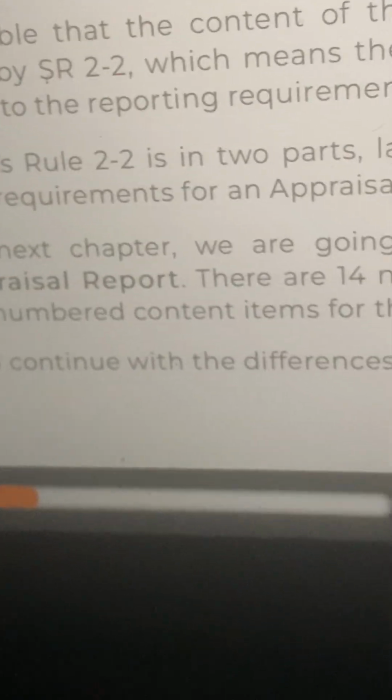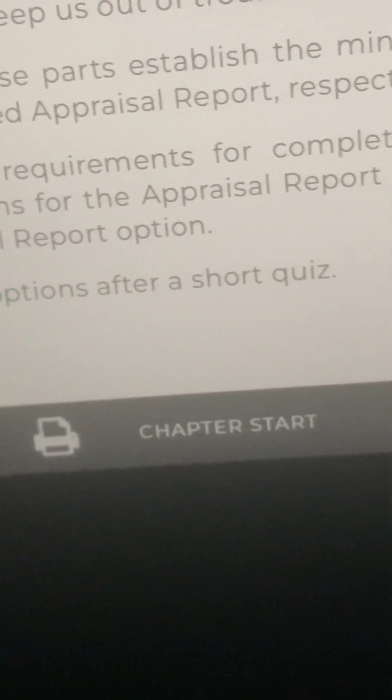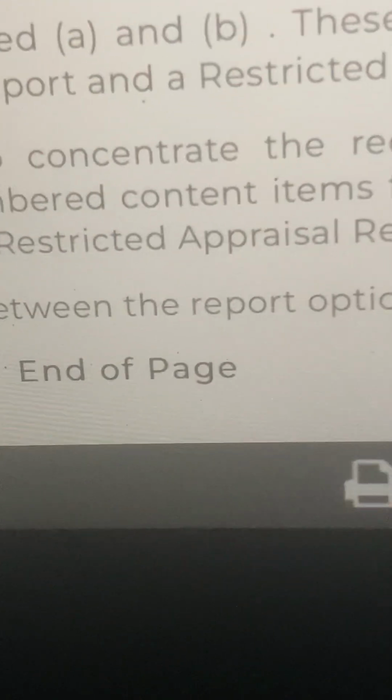We will continue with differences between the report options after a short quiz.